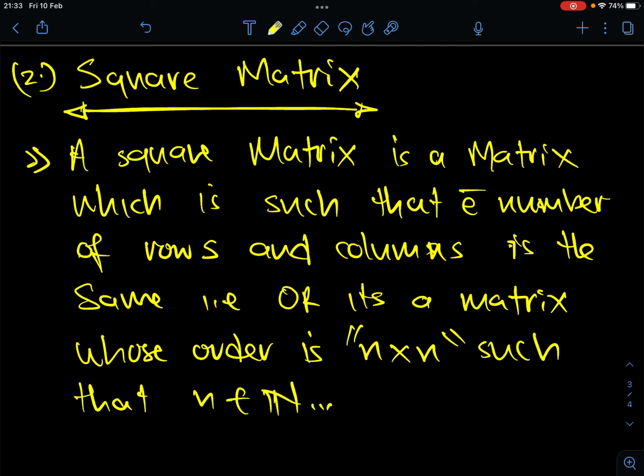But since there is no concept of length when it comes to matrices, we bring forward the number of columns and the number of rows to play that role. So when these two are identical, the number of rows being equal to the number of columns, then we call such a matrix a square matrix.